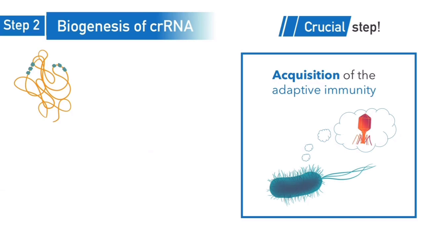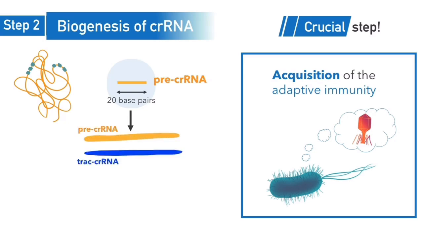The acquired nucleotide repeats are woven into a CRISPR array within the host genome. This array is then transcribed into a 20-nucleotide sequence called pre-crRNA. This pre-crRNA will obviously have a complementary sequence to the tracrRNA, which helped in its recognition in the first step of spacer acquisition through complementary base pairing.